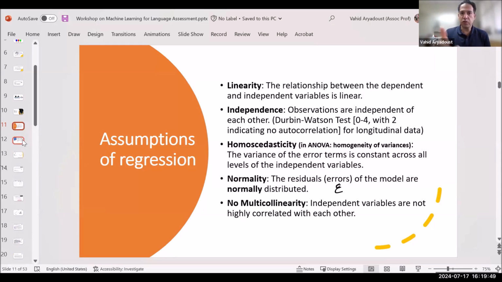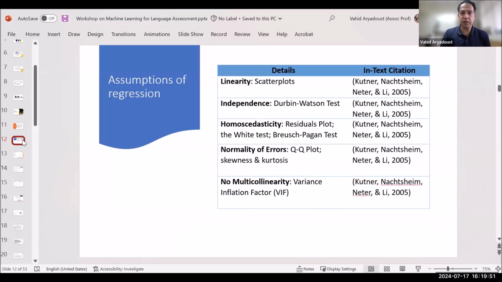All right, so how do we do these things? And please get ready for doing some hands-on. Number one, we do a linearity check by looking at some scatter plots. Independence, of course, doesn't apply to our workshop today, but if we had longitudinal data, you would use the Durbin-Watson test.